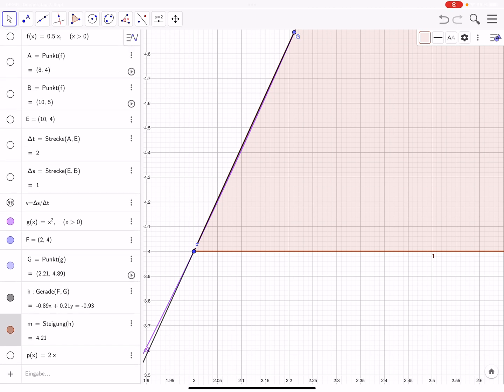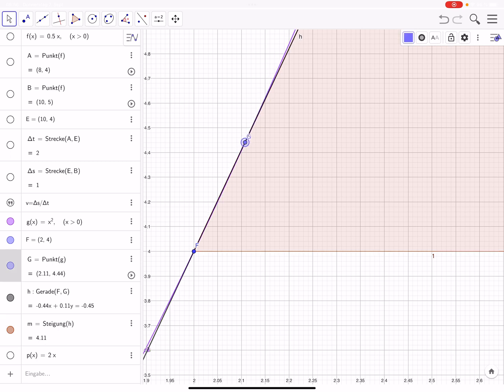Still on the left side, you can see in the command line it's called m equals Steigung of h. It's 4.2. So we started with a slope of 5, and now we are down to the slope of 4.21, meaning the average speed between the point F and G is now 4.21.